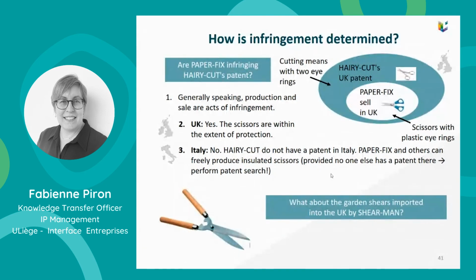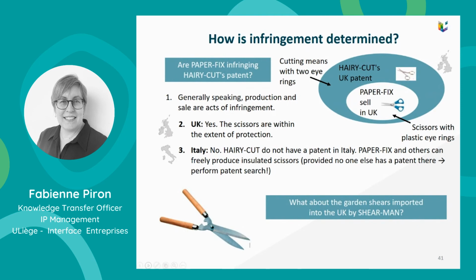Second point, in which country? In which territory? If these acts of infringement are done in a country where the technology is protected, then it could be considered as infringement. If the acts are done in a country where the technology is not protected, then it is not infringement or counterfeiting.